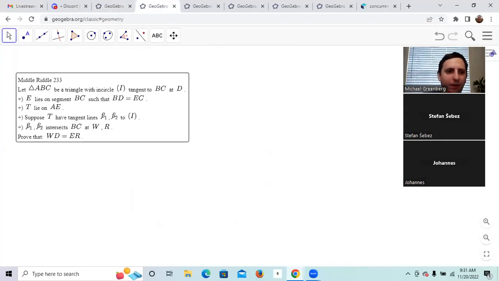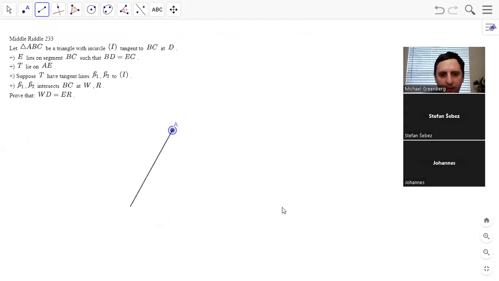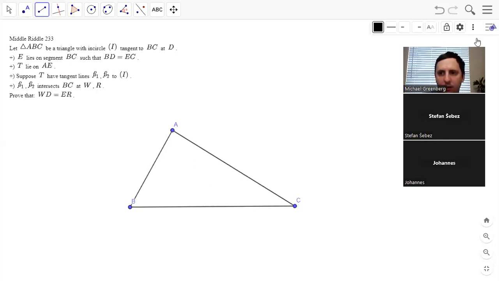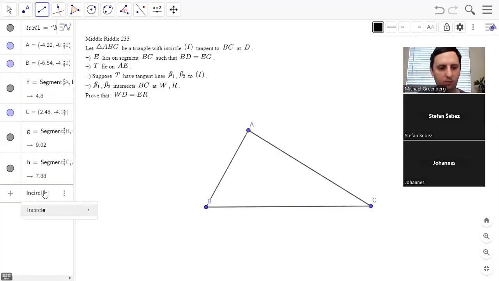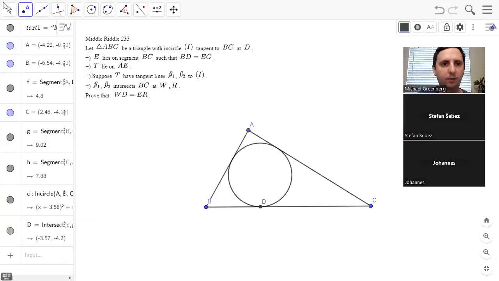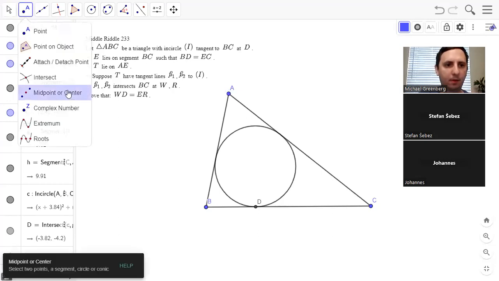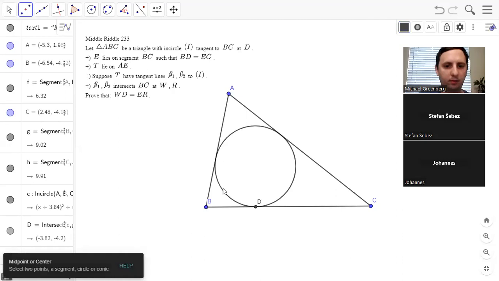This one's kind of interesting. So we have a triangle with an incircle tangent at point D. Circle ABC, tangent at D, and we have a point E. So E is basically the touch point of the excircle.